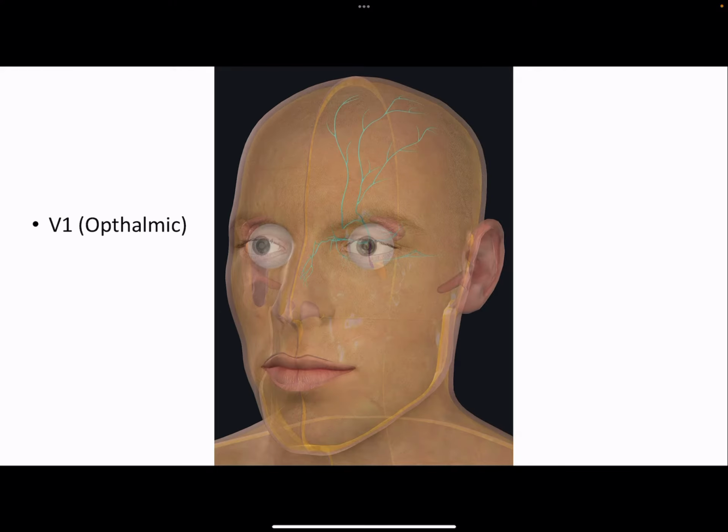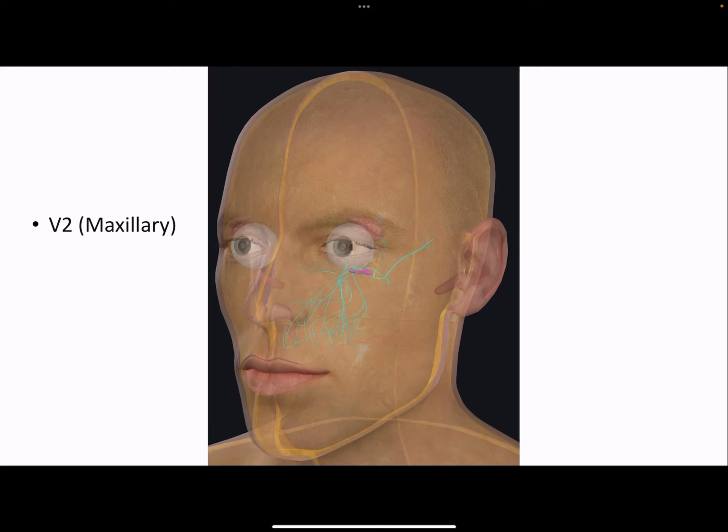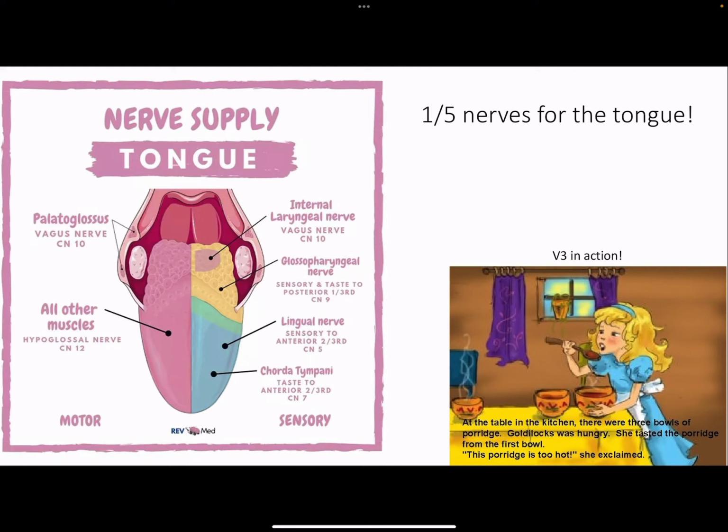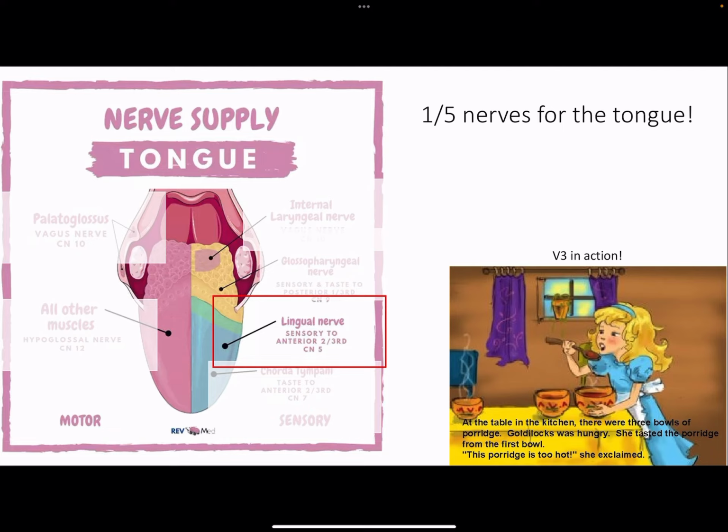So here we have the ophthalmic distribution. Here we have the maxillary distribution. And here we have the mandibular distribution. Again, we said mostly sensory, but there is some efferent motor neurons involved in the trigeminal nerve as well, for mastication. It's also going to innervate the anterior 2/3 of your tongue. So specifically, this says lingual nerve, sensory.